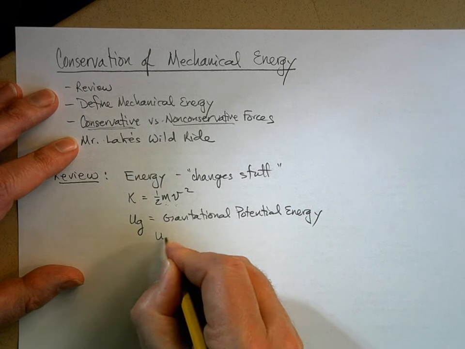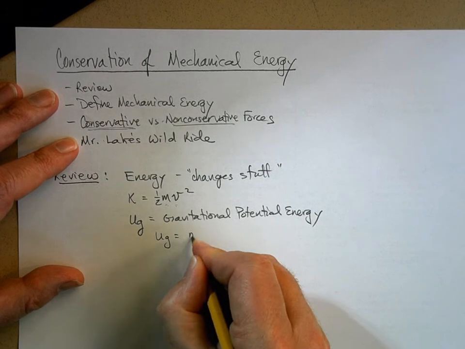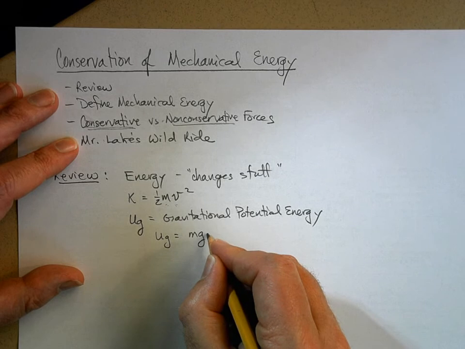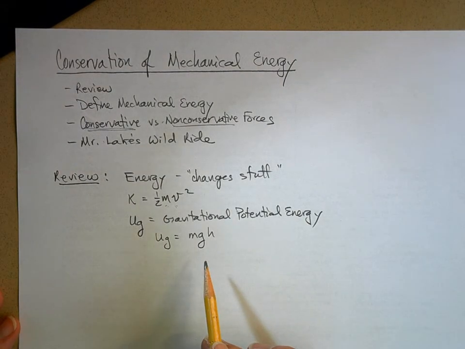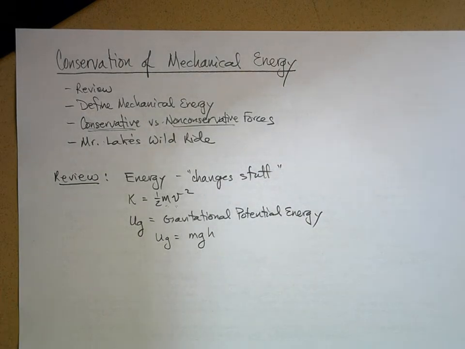So U sub G, the equation for it was mgh. You can use y or a, but I'm going to use h. H is the height above or below the reference, where you measure height from. So your height can be negative if you're below the reference. If you dig a hole in the ground and jump in that hole, you have negative gravitational potential energy compared to the ground, and so on.